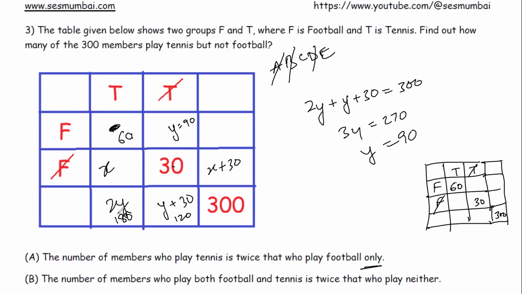If this is 60 and this is 180, then we know X is 120. So that way we come to know X, what we need to find out. Who play tennis but not football is equivalent to tennis only. Tennis not football is tennis only. So that is 120. Yeah. So C is the answer for third one.